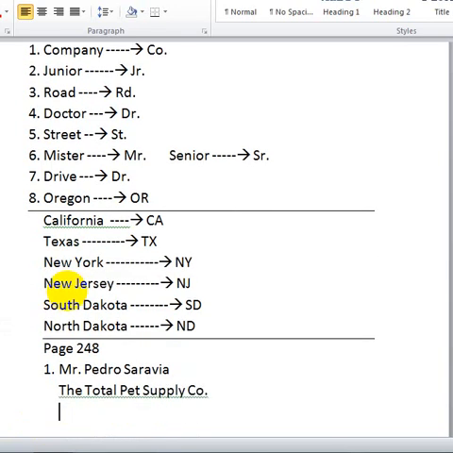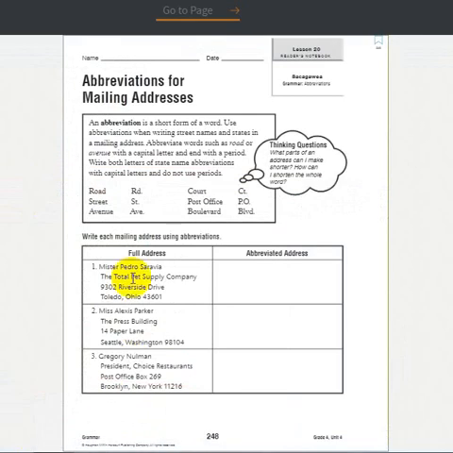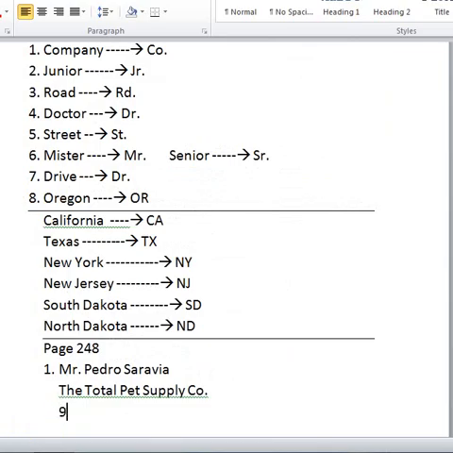All right. 9302 Riverside Drive. Yeah, we got the word drive. We can definitely abbreviate that to DR period, right? So we got 9302 Riverside Drive. And we abbreviated it.